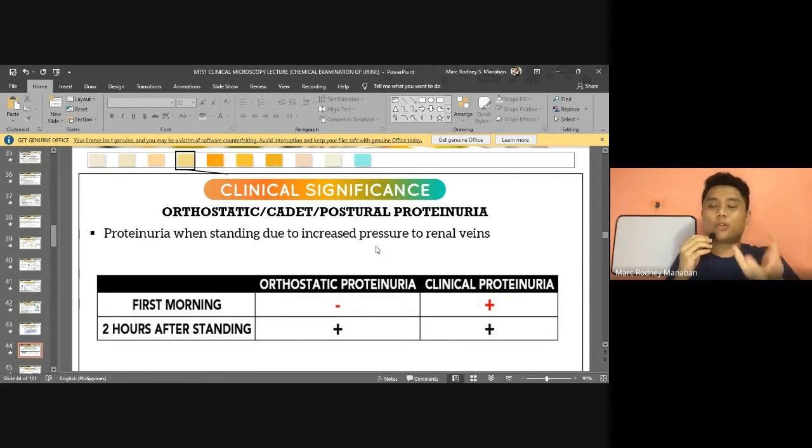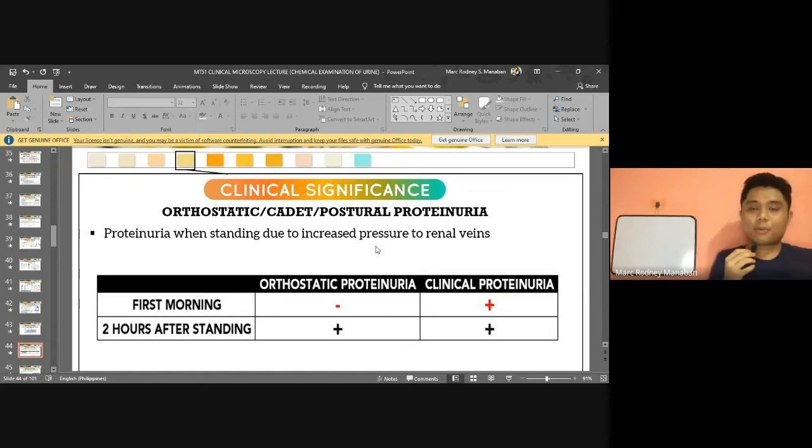But if it's really clinical proteinuria, meaning there's already a disease in your kidneys, your glomerulus is damaged already. In the first morning urine specimen already, you can already see a positive proteinuria, because the glomerulus is damaged, whether you stand for 24 hours or lie down, your urine will be positive for proteins. So you differentiate using the first morning specimen: orthostatic proteinuria is negative for proteins, and clinical proteinuria is already positive.